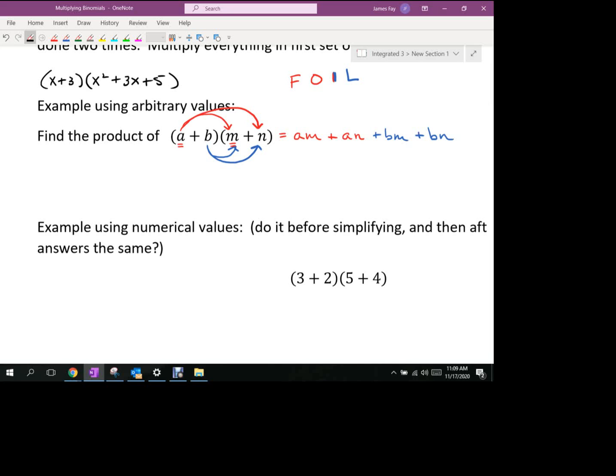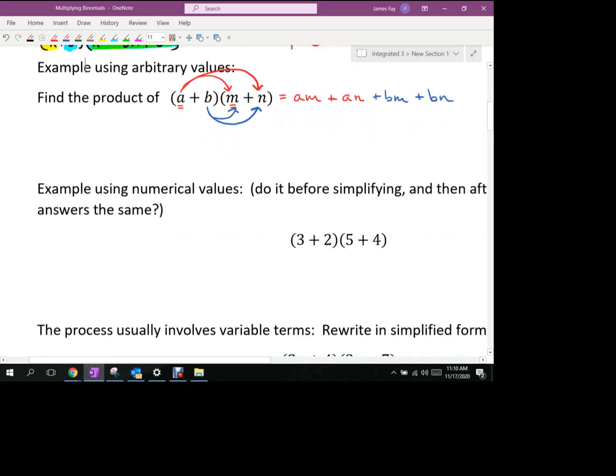If I want to do a trinomial times a trinomial, maybe 5 terms times 12 terms, whatever it may be, you take this term here and you distribute it to everything there. Then you take this term here and you distribute it to everything there. And then you add like terms together. That's the same route that we use with FOIL. But FOIL only works for two things times two things.